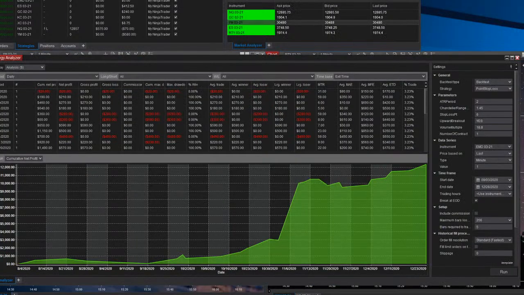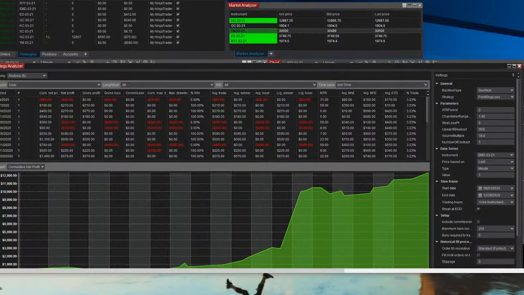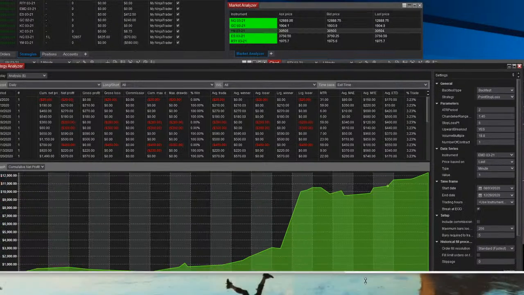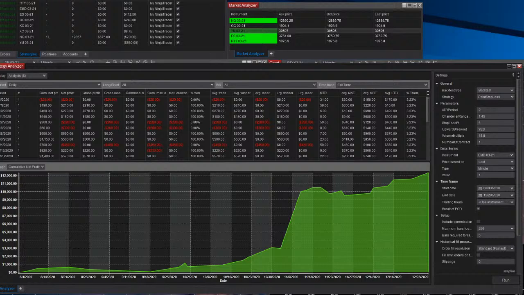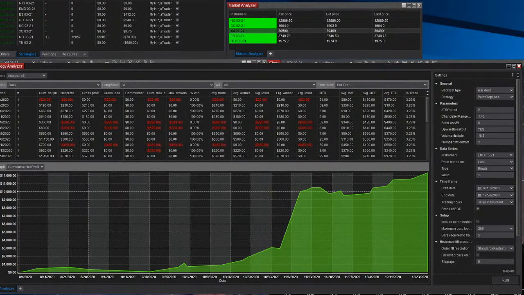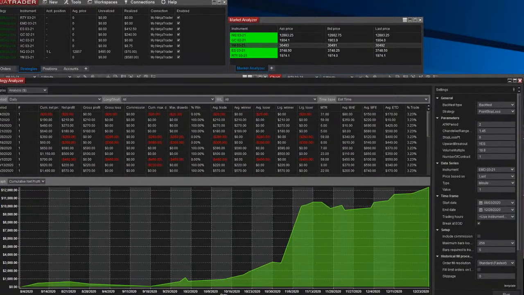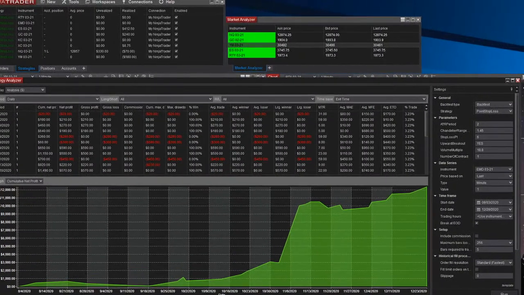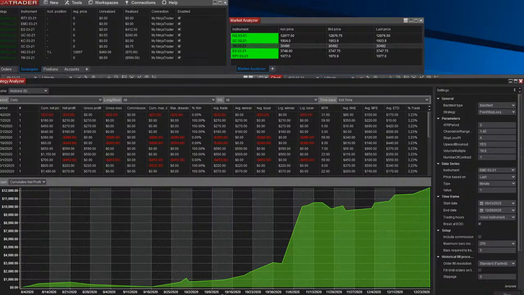Okay, so this is what I was looking at, and let me minimize this again. So I'm using a VPS, or a virtual private server. I can actually move this down a little. So this, you can see the NQ trade.